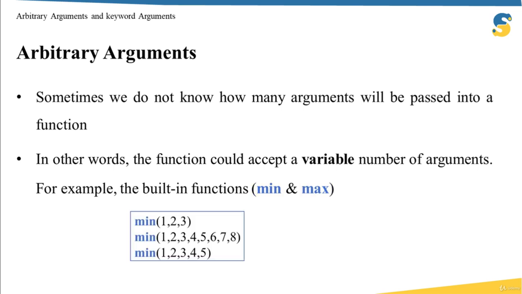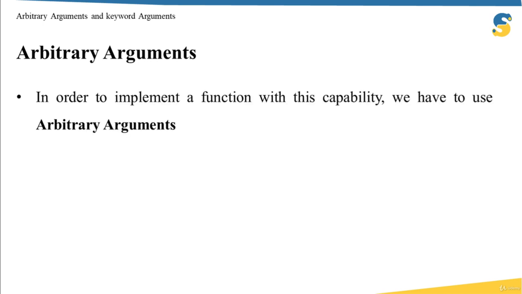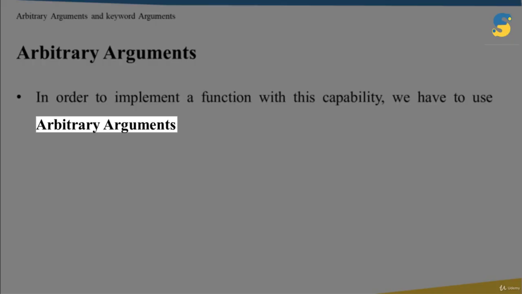For example, I can use the min function to calculate the minimum between 3 numbers, 8 numbers, 5 numbers, or any number of numbers. In this use case, if you want to build a function that accepts any number of arguments, you have to use arbitrary arguments.